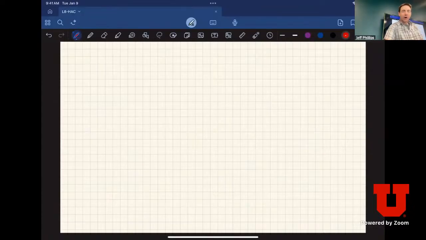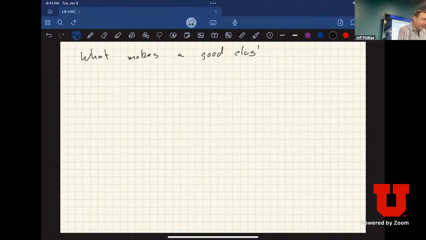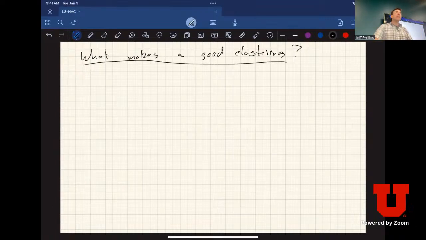Okay, so what makes a good clustering? We're going to see, through the formulation of algorithms, a bunch of different answers to this.